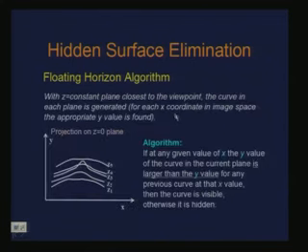In order to do this, with z equal to a constant, which is a plane closest to the viewpoint, that is what I meant by front to back order, the curve in each plane is generated. That means, for each x coordinate in image space, the appropriate y value is found.